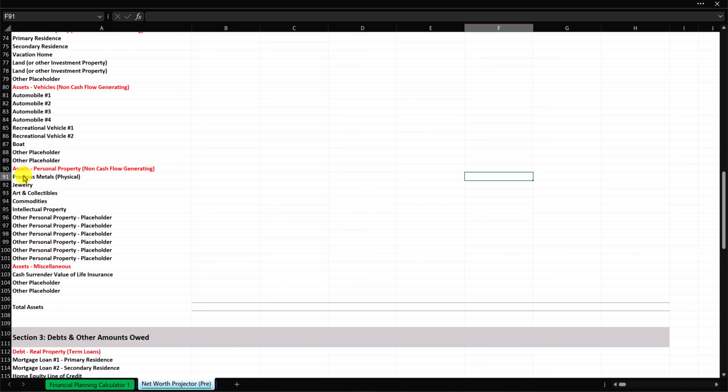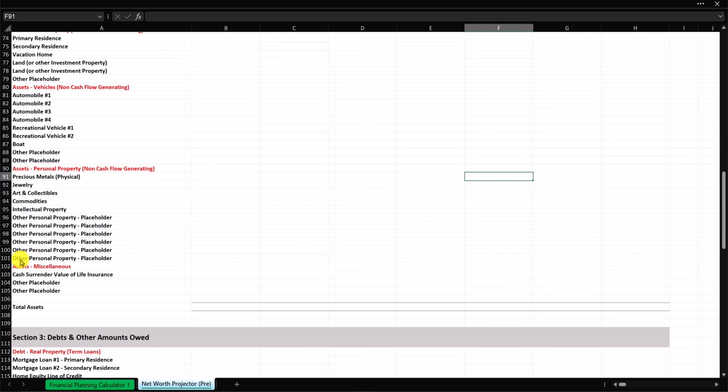Moving down, we're going to list out various kinds of personal property that may have significant value or sufficient value to be included here. Precious metals like physical precious metals, jewelry, art and collectibles, commodities, intellectual property. And then I put a bunch of placeholders here for other things. I can't possibly think of everything that various people may have, so there's enough room here to add in some other items.